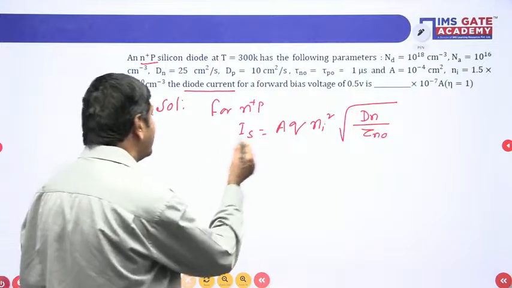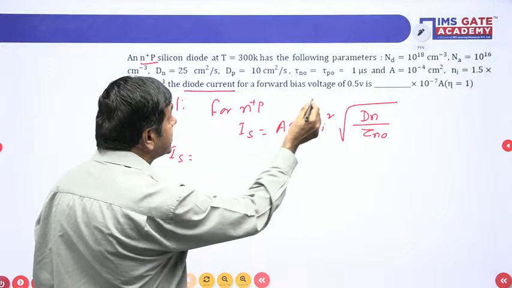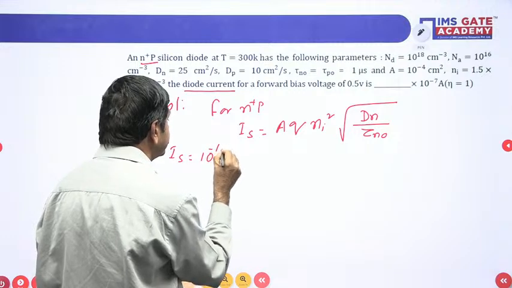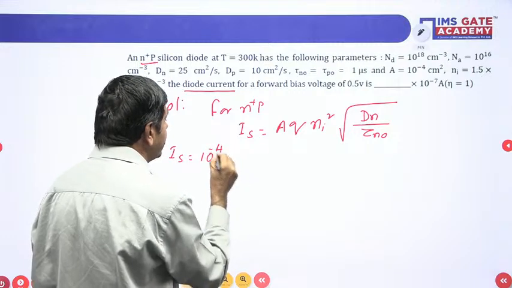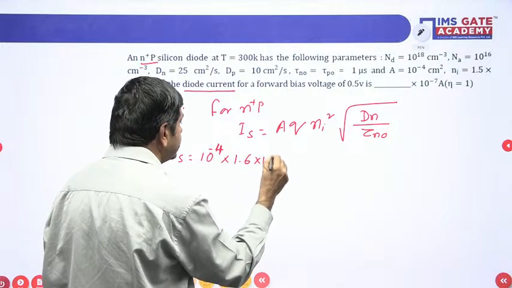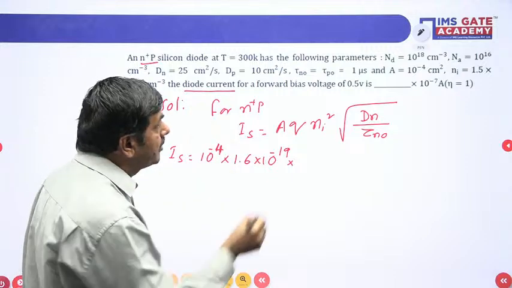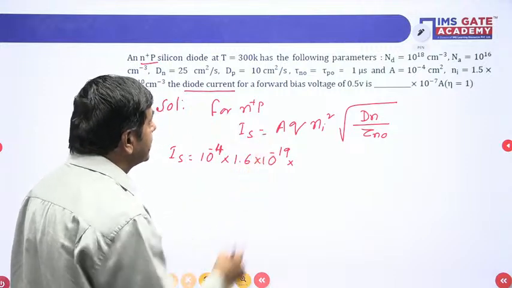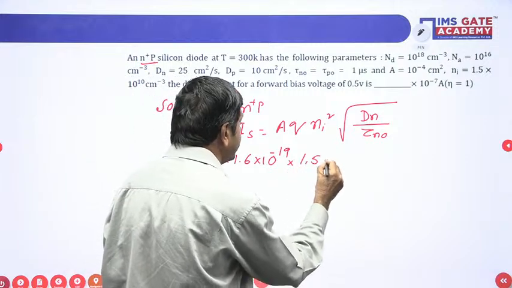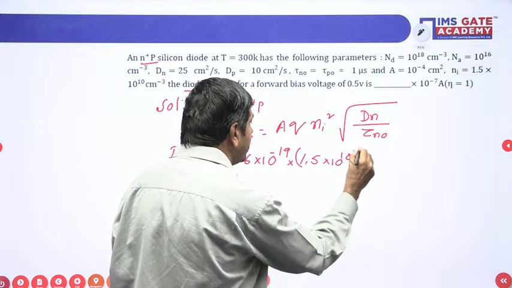Now I would like to find Is. So I can say Is equals area, given in the problem as 10 power minus 4, and the charge, which you know very well, 1.6 into 10 power minus 19. Ni, the intrinsic concentration, is given as 1.5 into 10 power 10, and Ni square is required, so I put the whole square.